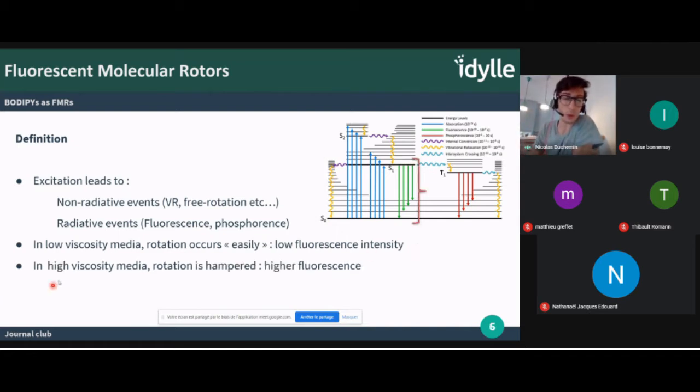However, if you go to high viscosity media, you will have a physical constraint from your medium to your compound, and that physical constraint will hamper the rotation. So you will have fewer non-radiative events such as free rotation and higher fluorescence intensity. This is related to an increase in the fluorescent quantum yield and an increase in the fluorescence intensity.